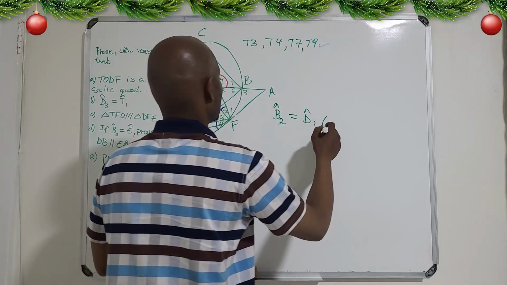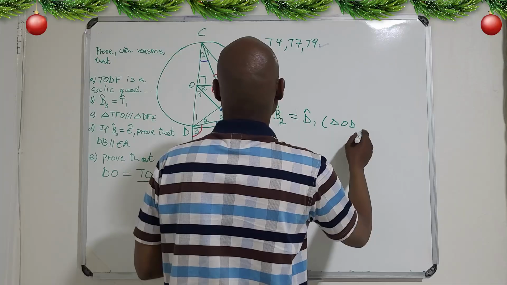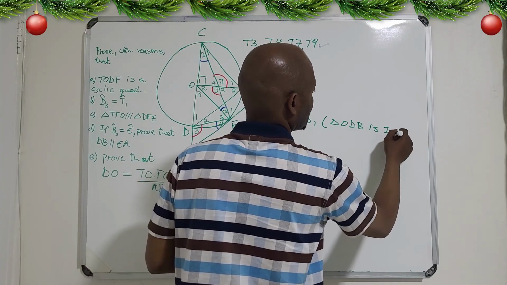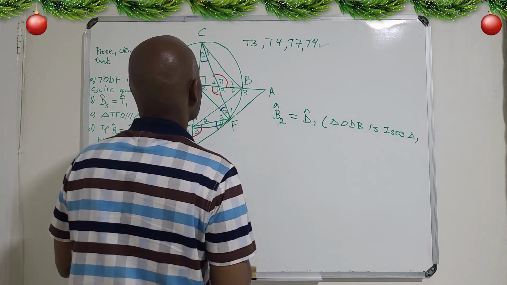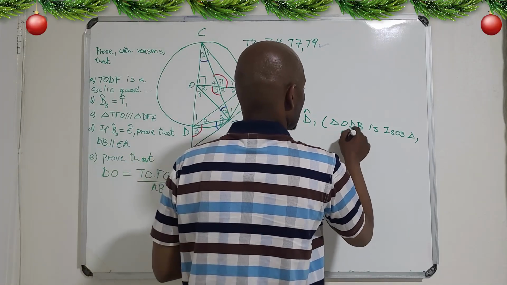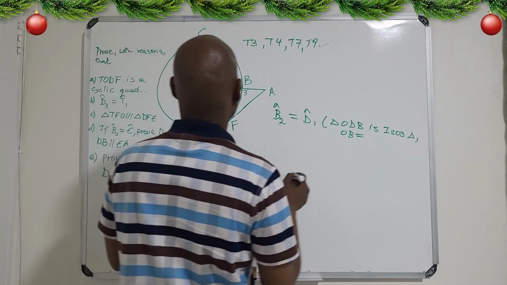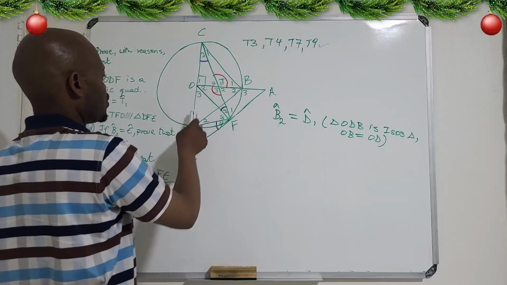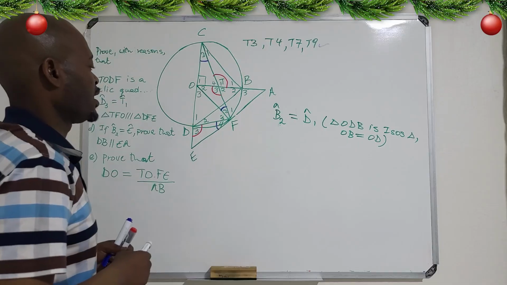Reason: triangle ODB is an isosceles triangle. Why is it isosceles? OB is equal to OD. Therefore, this angle is equal to that angle there.